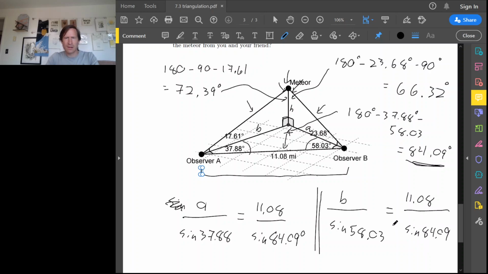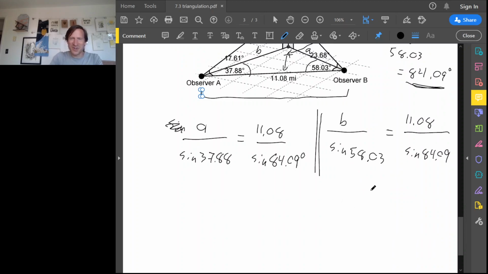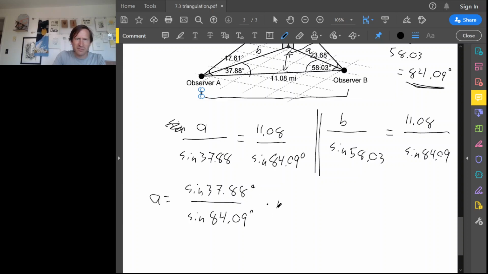Okay, now it's very similar to the first problem on this handout. So A equals sine 37.88 over sine 84.09 degrees, all times 11.08.